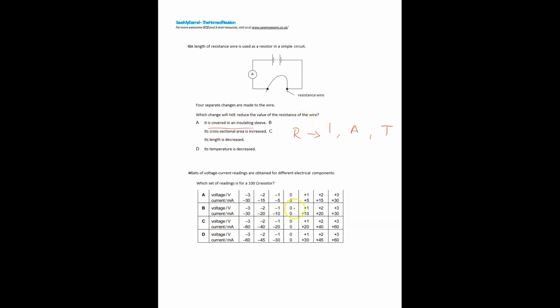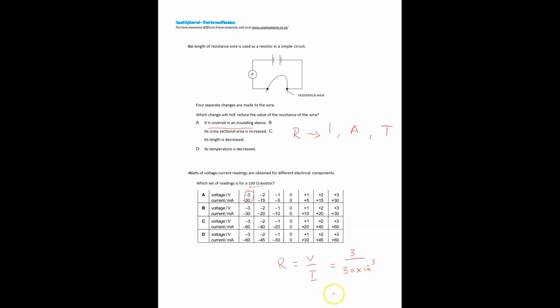And they give you a set of readings, that is voltage and current, and they ask you to find which set of readings will give a 100 ohm resistor. So what is the resistance formula? Voltage over current. So you need to just divide these two values. Voltage is 3, current is 30 milliampere.